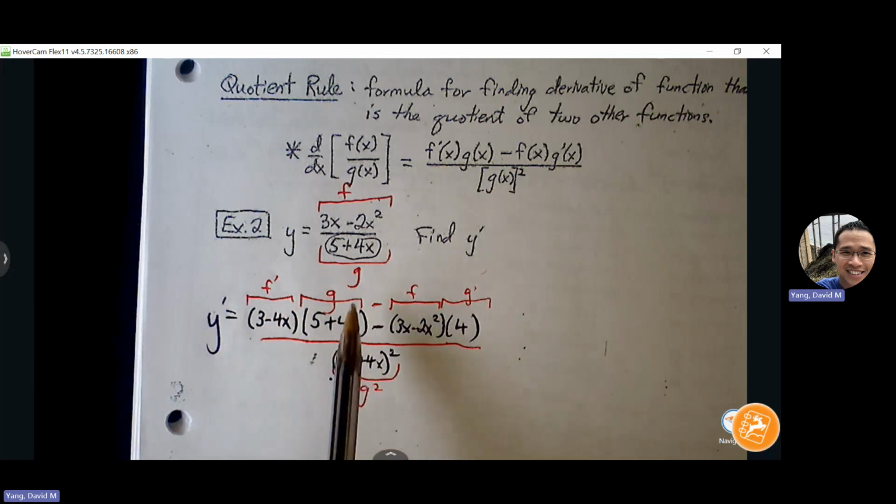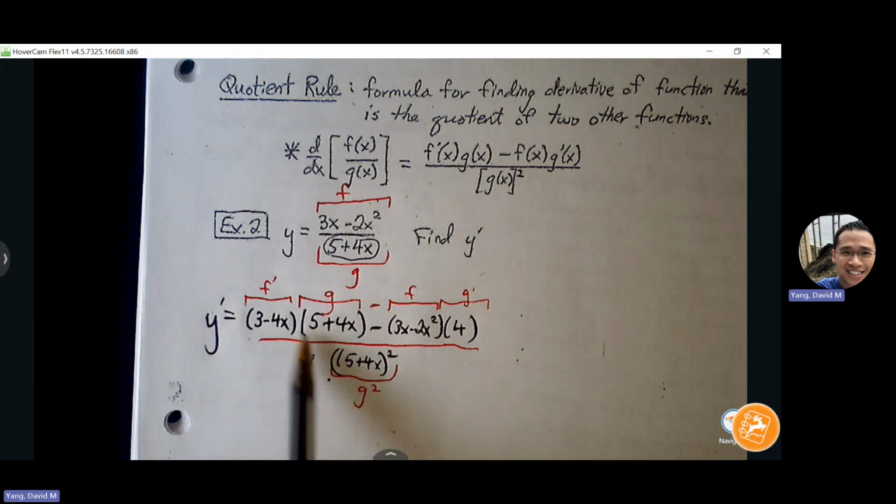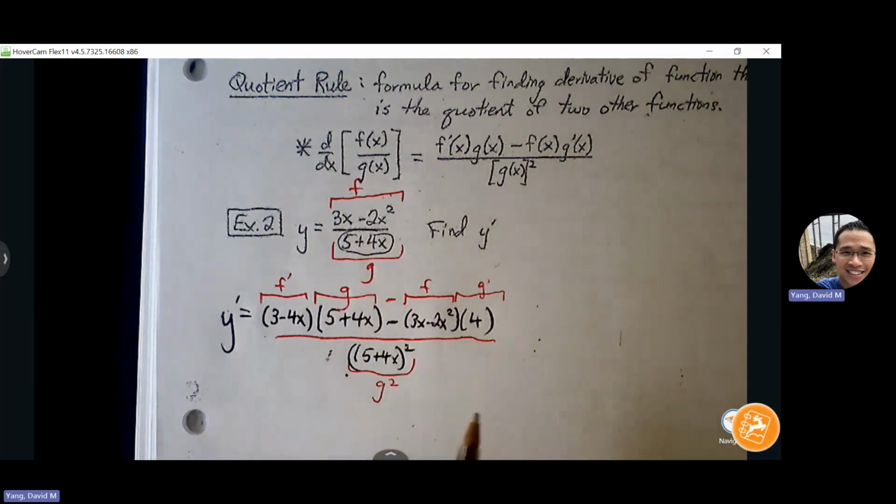What we cannot do is this. We can't say, oh, there's a 5 plus 4x here, I'm going to take one of these out. Why can I not do that algebraically? Because the square is a different function there. Something is preventing us from doing it.